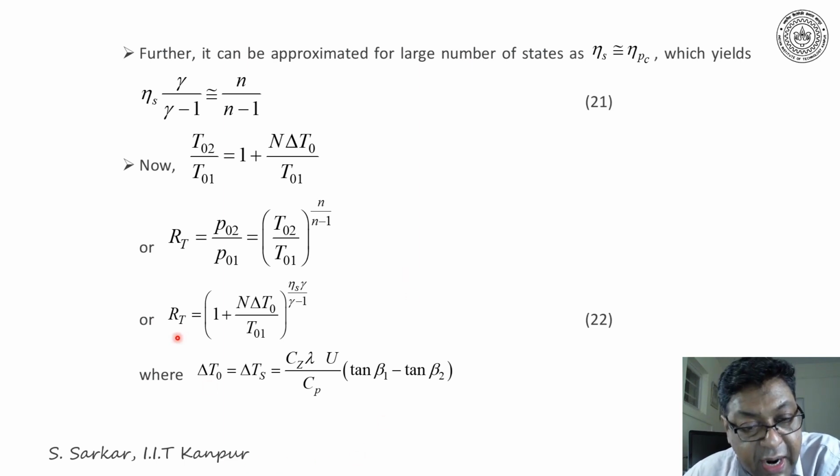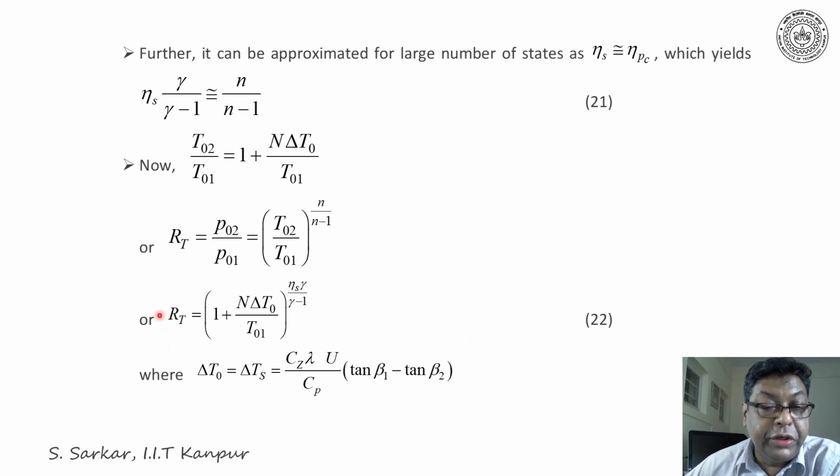Thus I can write RT, that is overall pressure ratio, would be equal to, within the bracket, 1 plus n into delta T0 divided by T01, to the power eta S into gamma divided by gamma minus 1. Equation number 22.